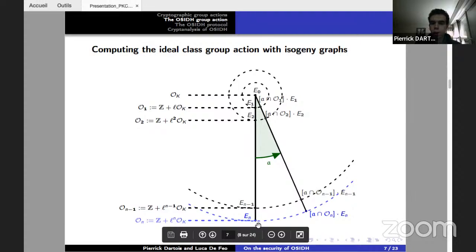Let's say that we act at level n, and we want to compute the group action of an ideal A on En. Then we use the structure of the graph to represent En as a descending L-isogeny chain, and act with A on every level going down the graph. And the result will be another descending L-isogeny chain, whose ending element is the group action that we wanted to compute in the first place.